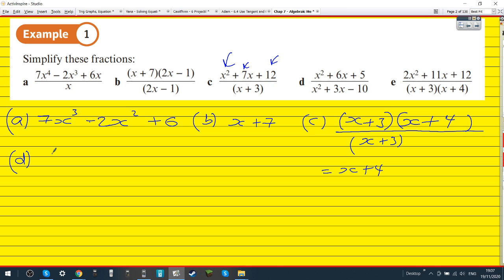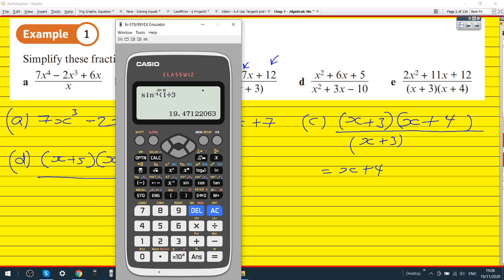So it'd just be 5 and 1. Yep. So it'd be x plus 5, x plus 1 over... Right.